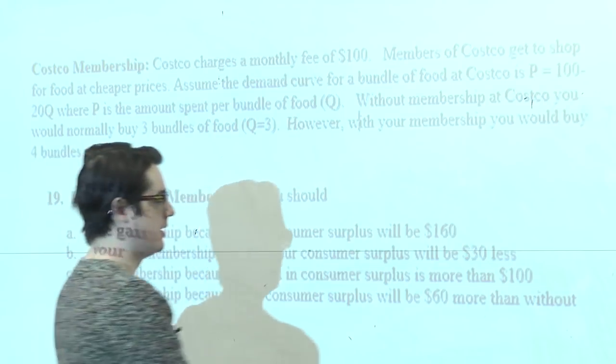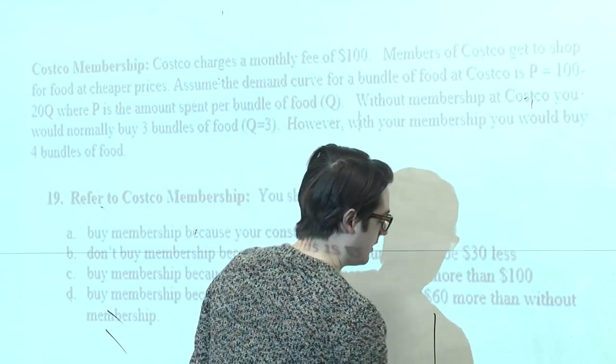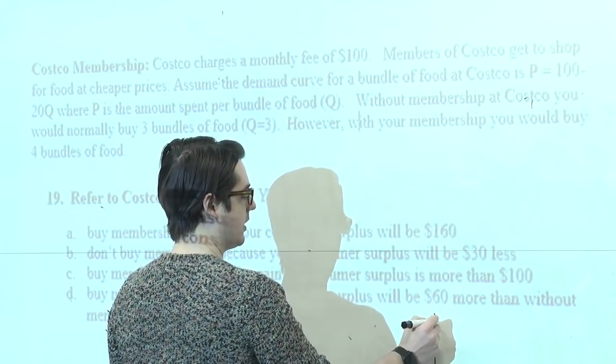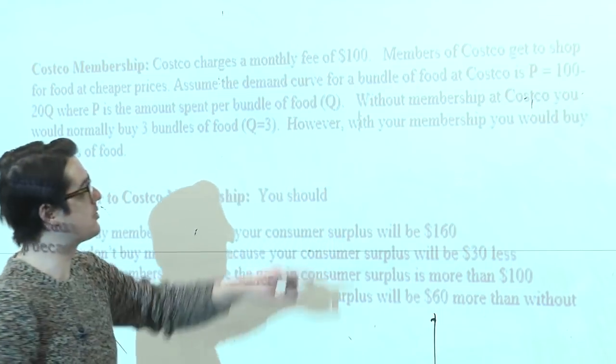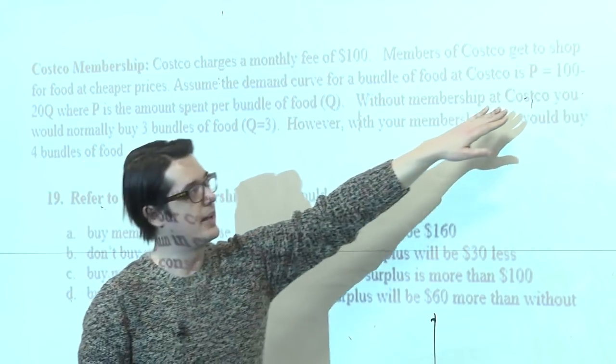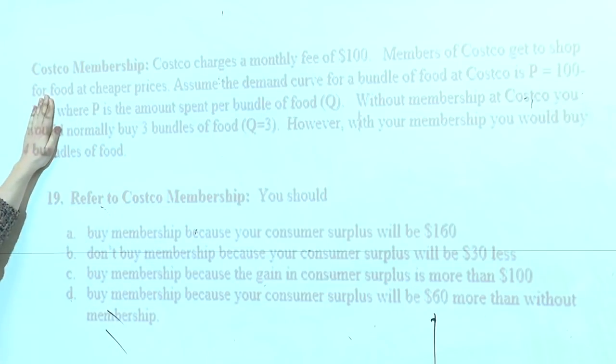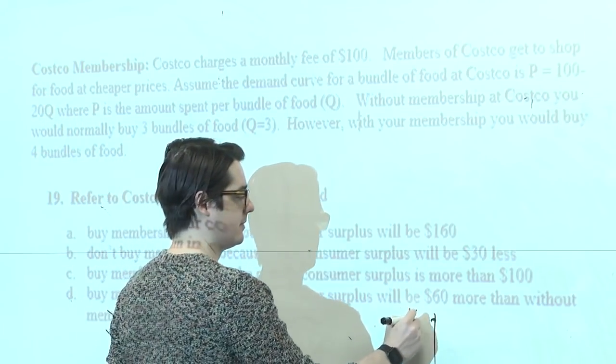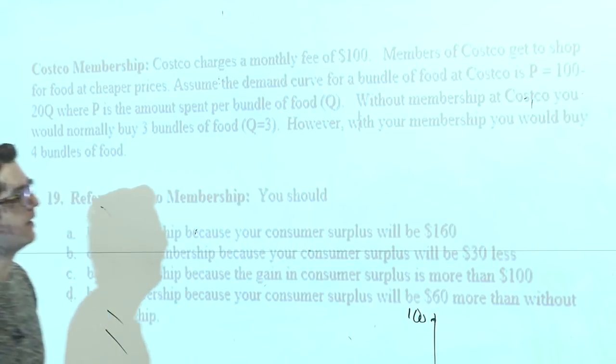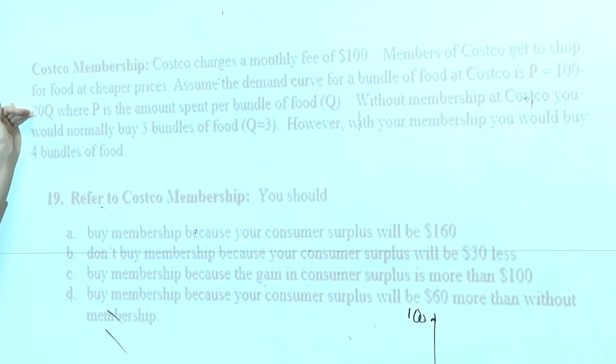OK, so let's start here by graphing our demand curve. Okay, so our intercept up here is going to be 100. Right? If quantity equals 0, then price equals 100. So that will be our intercept. And then our slope, right, we're going to go down 20 and over 1.